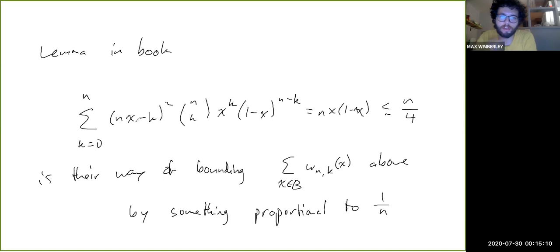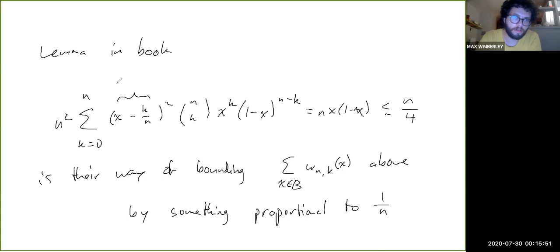Because if you think about it, this term here is small. Actually, let me factor out n squared from this, so n squared times (x - k/n) squared.